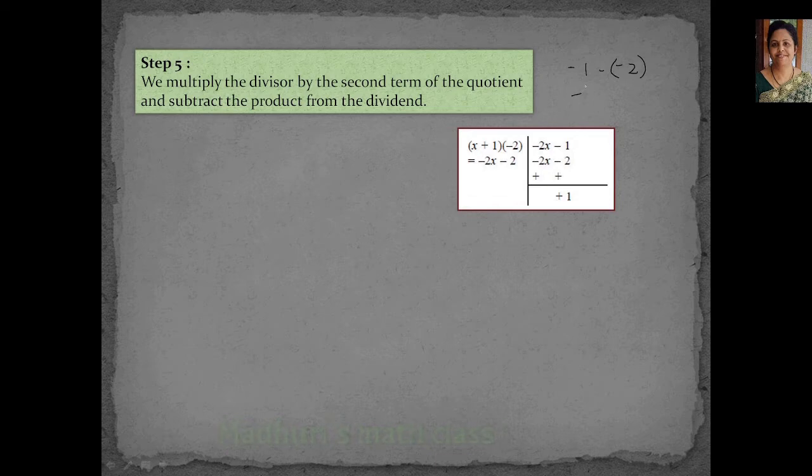Now two integers of different sign, one is negative, one is positive. We will find the difference. The difference of 2 and 1 is 1. And assign the sign of the integer having greater absolute value. Here 2 has greater absolute value. Its sign is positive. So you will get plus 1.